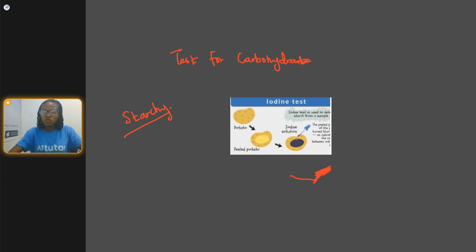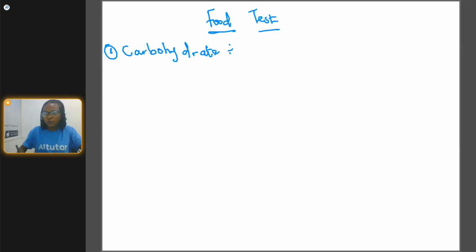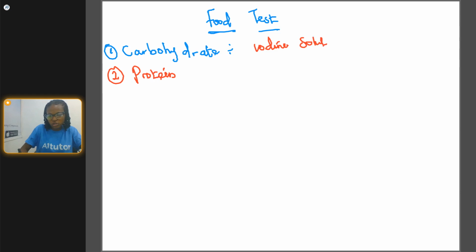I'm going to present how we can test for protein as well. So number 2, we have protein. Don't forget we made use of iodine solution for carbohydrate, known as the iodine test.